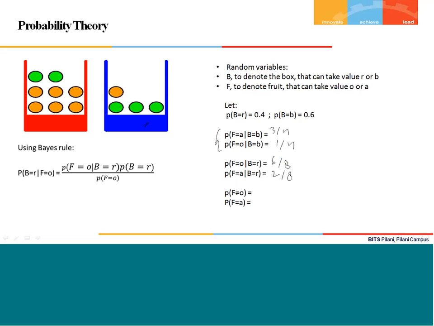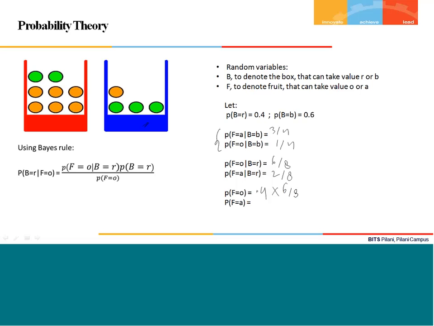This is the probability of orange. Probability of orange is nothing but the choosing of my first box. That is red, and after red, what is the probability I choose orange?